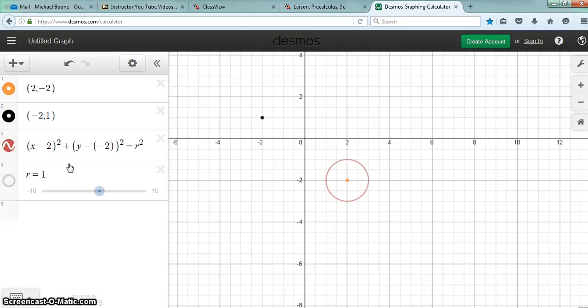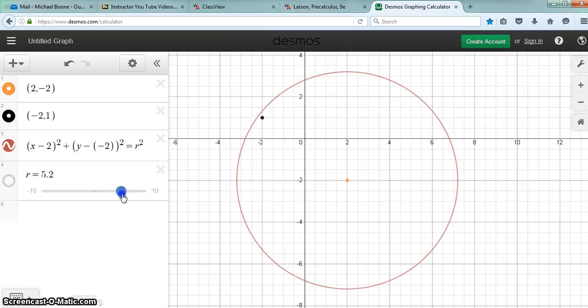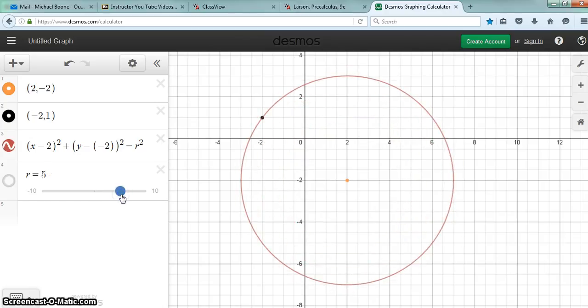Use one of the benefits of the slider. So I know as r is bigger than 1, 2, 3, 4, oh, was it 5? 5 looks pretty good. And we get that solution point of -2, 1.